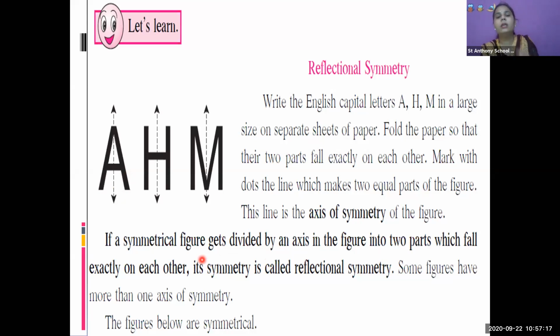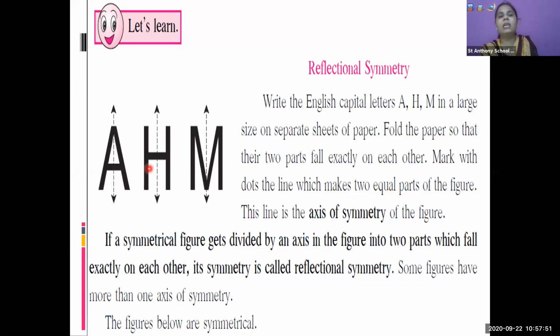Please note it down. If the dotted line is there, and the figure gets divided into two equal parts which fall exactly on each other, like this A, when we fold it from this side, this part falls on this part, right? Means it gets divided into two equal parts, right? So this symmetry is known as reflectional symmetry.